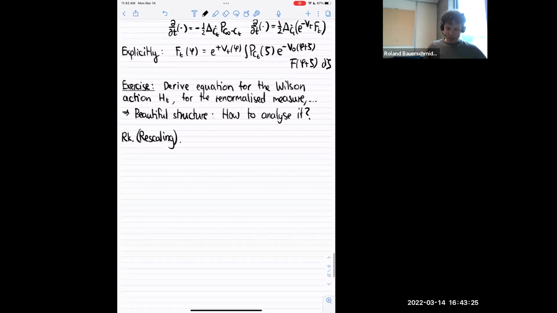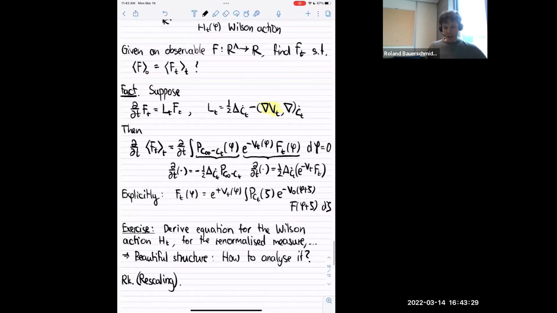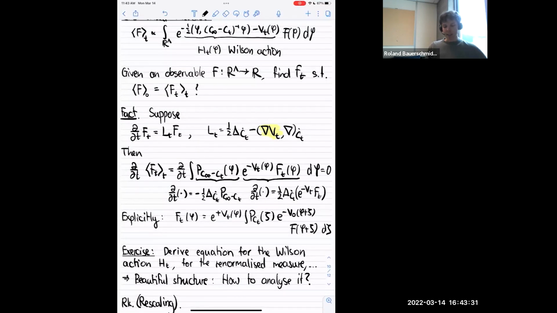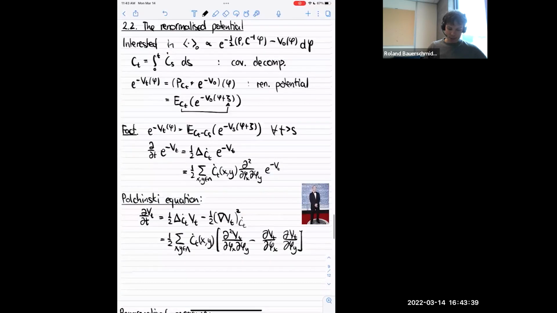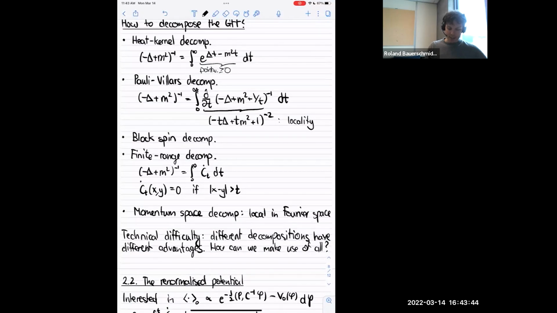In what I explained here, this decomposition of the Gaussian does provide a way to approximately implement this block spin picture, in the sense that we can decompose this Gaussian measure according to one of these ways.